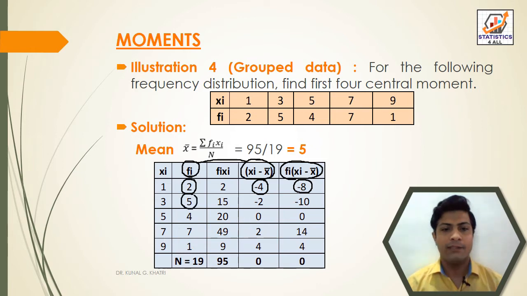Then 5 into minus 2, we have minus 10. 4 into 0, that is equal to 0. 7 into 2, that is equal to 14. Then 1 into 4, that is equal to 4. Now we'll take the sum of fi into xi minus x bar, we get value 0.